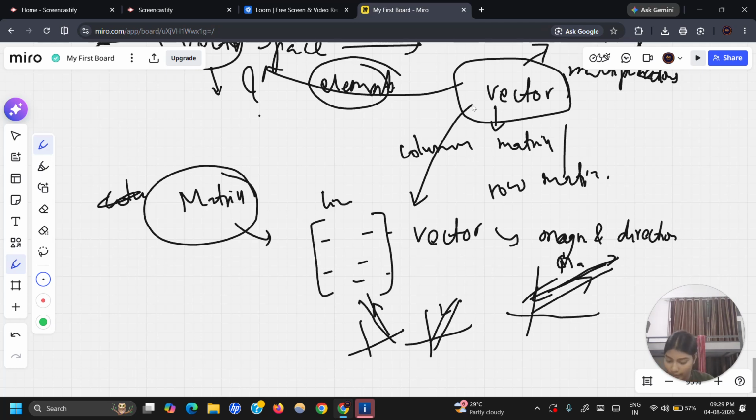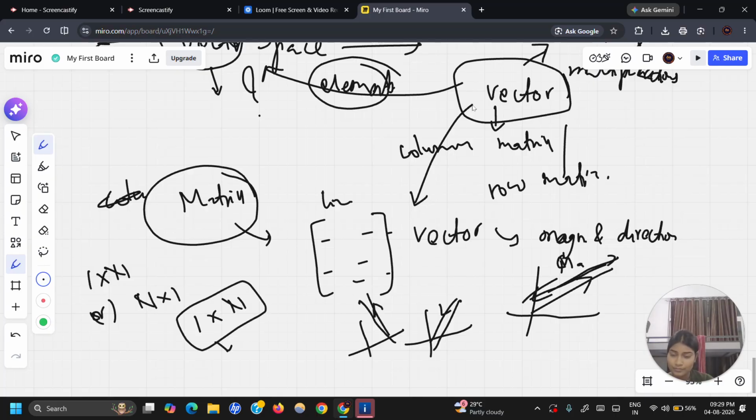So basically vectors are 1 by n or n by 1 matrices. Generally they are 1 by n, that means one row and n columns. And this here is n rows, one column.